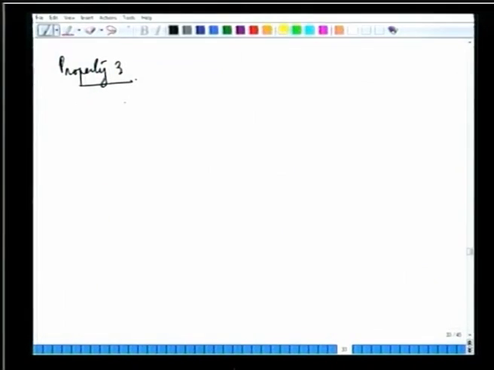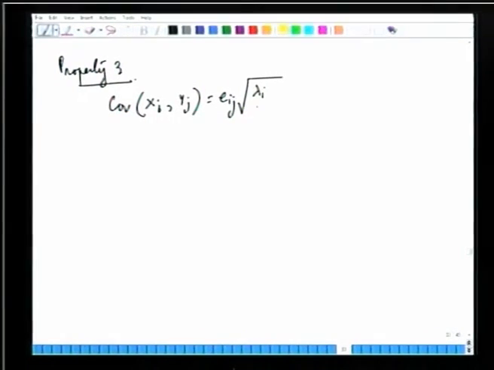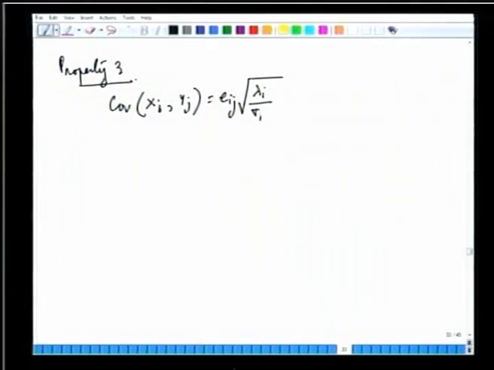So this is the next property that we are talking of: the covariance between xi, that is the ith original variable, and the jth principal component yj is eij root of lambda j by sigma ii.